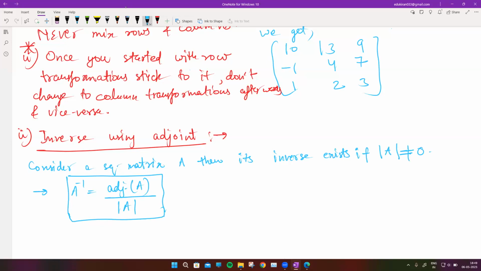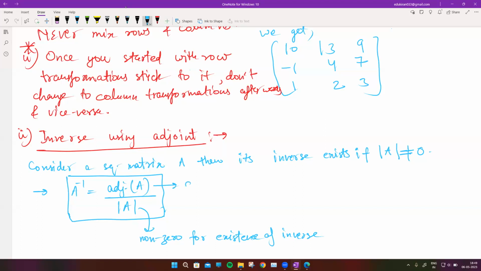Whenever this denominator is non-zero. If this is 0, A inverse becomes undefined, right? So this should be non-zero for the existence of inverse.